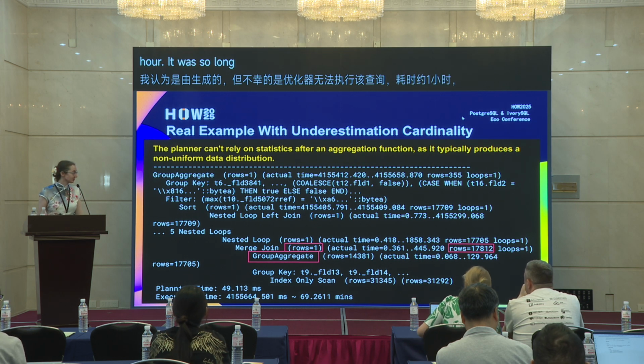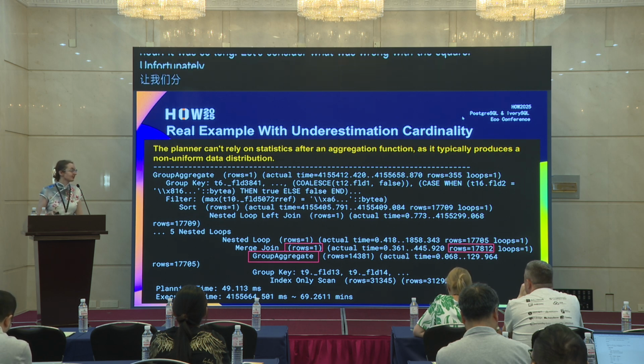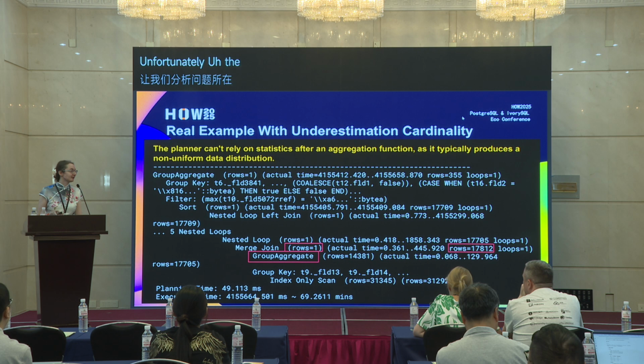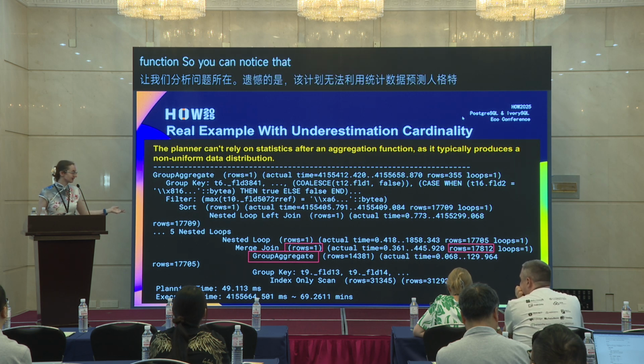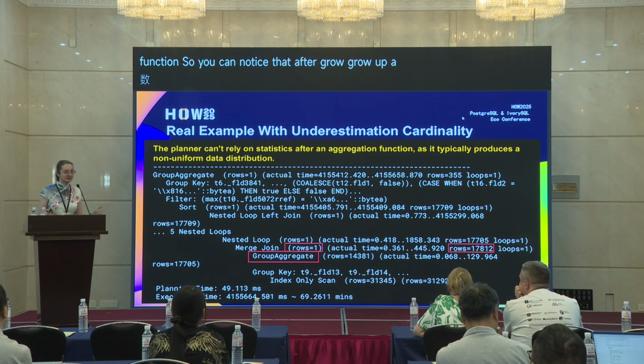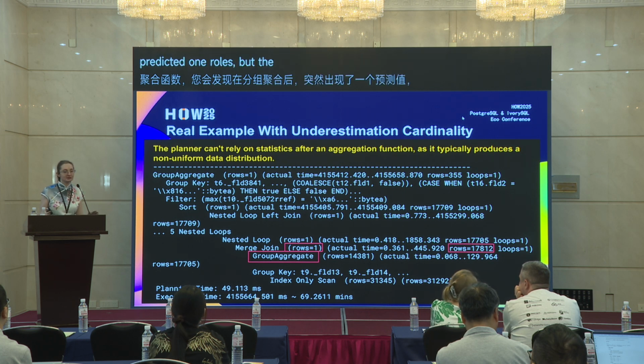Let's consider what was wrong with this query. Unfortunately, the planner can't use information from statistics and predict cardinality correctly if an aggregation function was used. So you can notice that after the group aggregate, suddenly 1 row was predicted, but the real answer is almost 18,000.